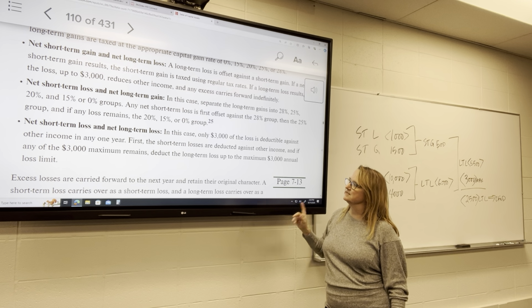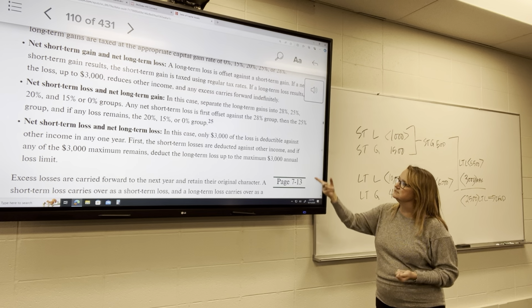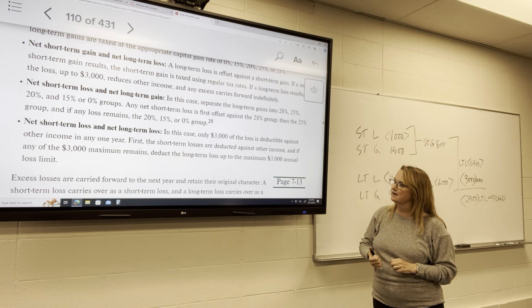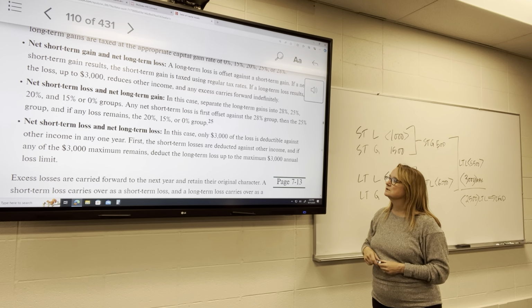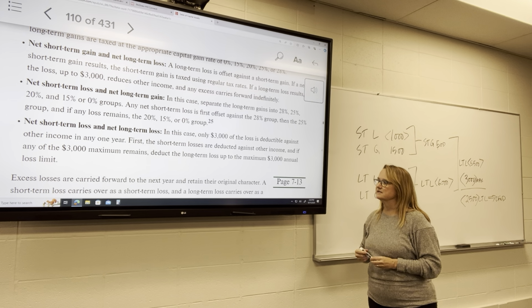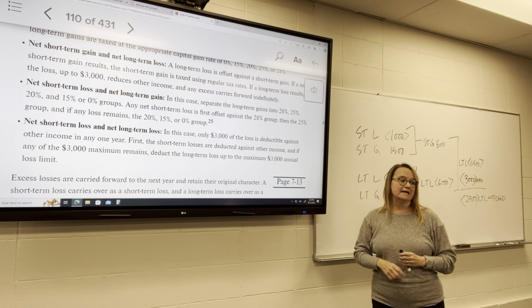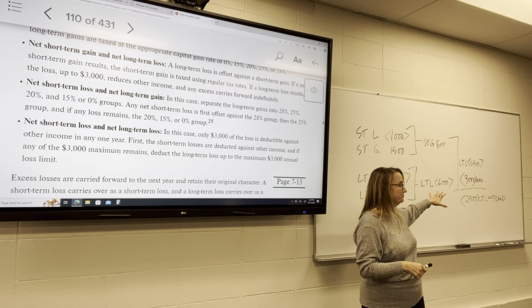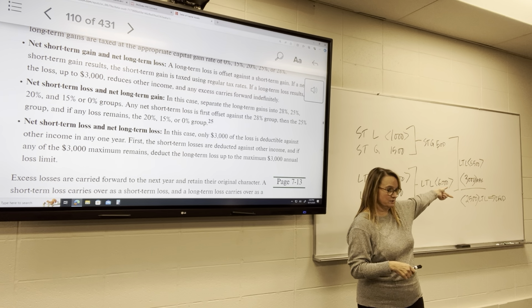Net short-term loss and net long-term loss: only $3,000 of the combined loss is deductible against the other income. Short-term losses are deducted first, and then if any of the $3,000 maximum remains, you deduct the long-term loss up to the maximum $3,000. Again, whatever the carry forward is, it's going to carry forward with the same character for the next year.